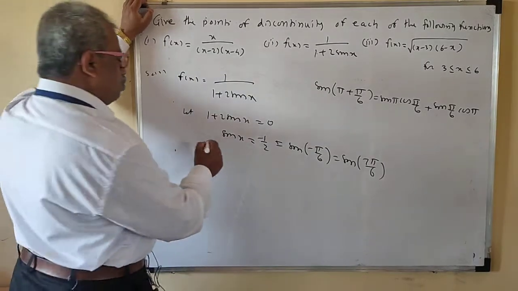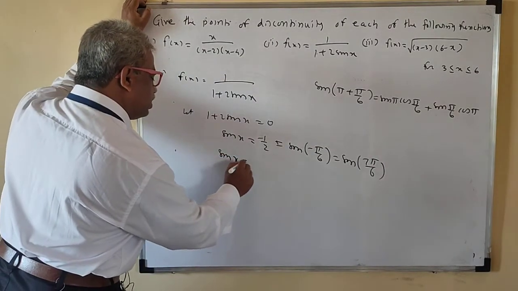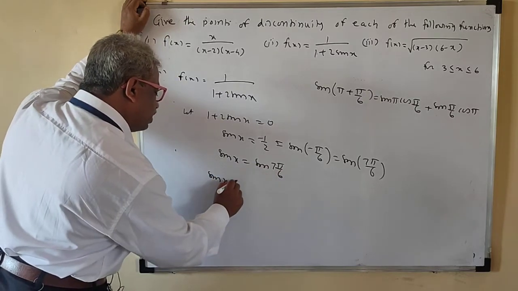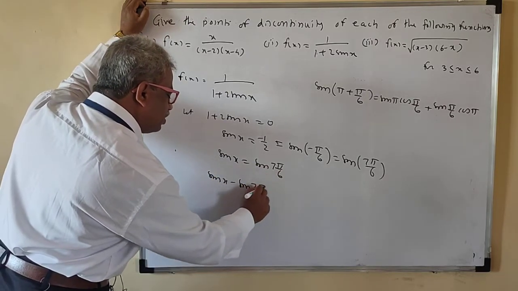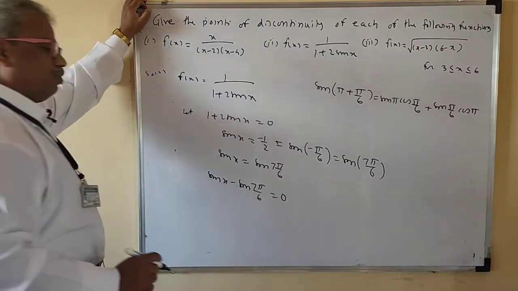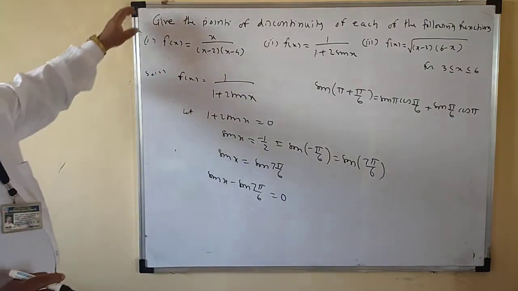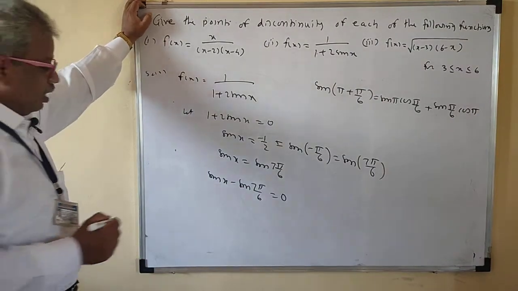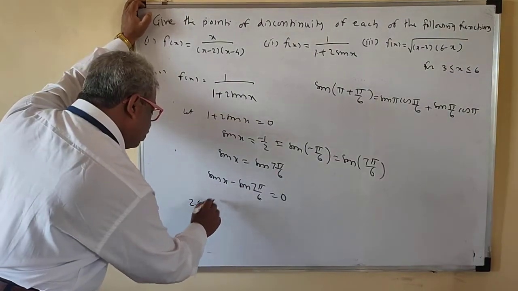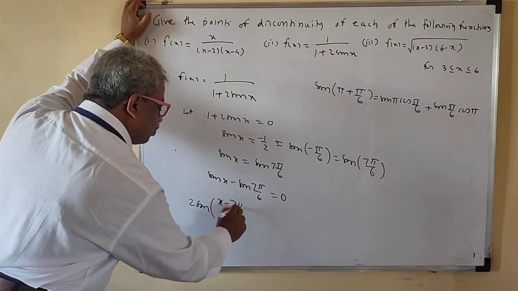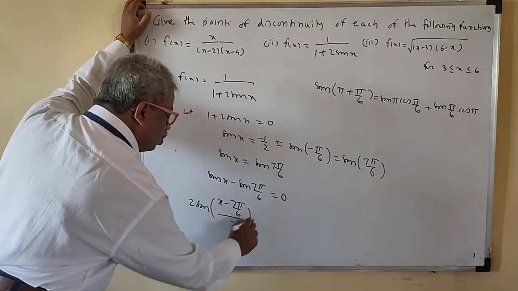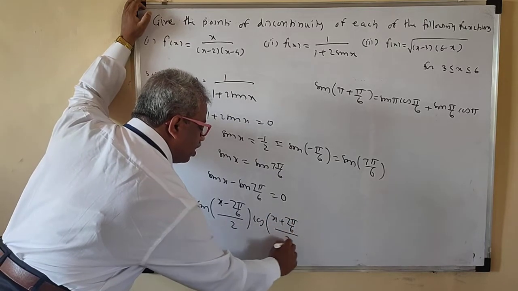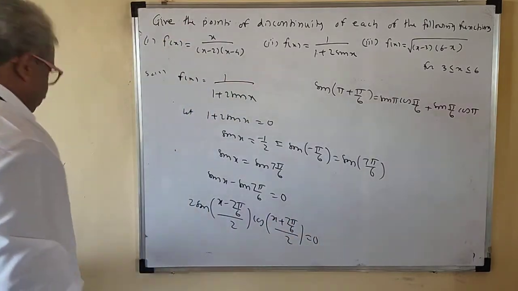Okay. So that means sin x is equal to sin 7 pi by 6. I can write this as sin x minus sin 7 pi by 6 is equal to 0. So we can apply the formula sin a minus sin b, that is 2 sin of (a minus b) upon 2 into cos of (a plus b) by 2 is equal to 0.